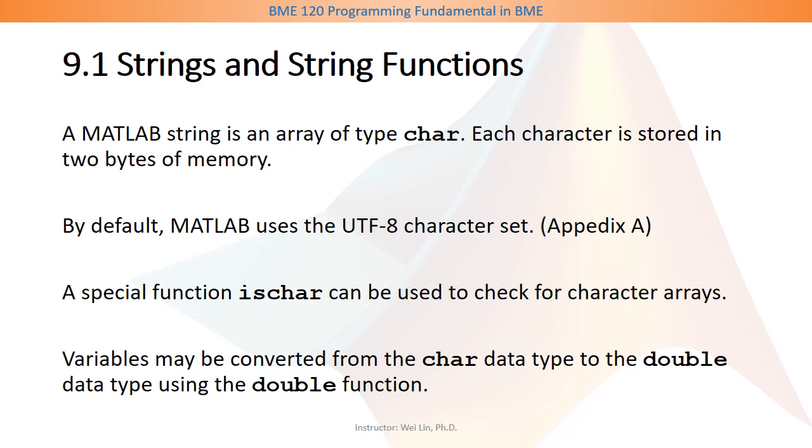In this case, if you use double, you will get an array of double precision numerical values. However, you can also use other functions, for example, uint8, so that you will get an integer to represent the code of the character.